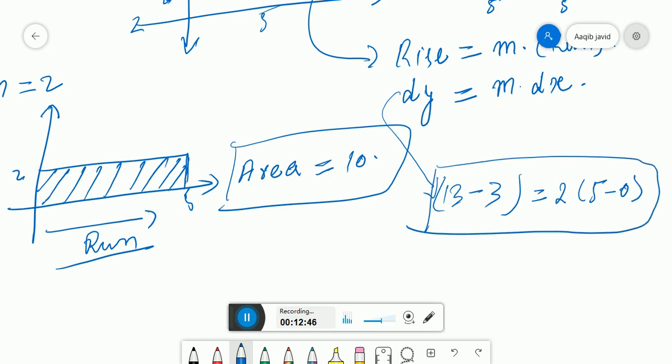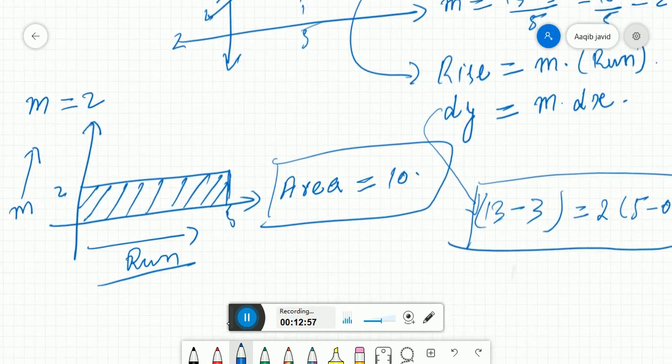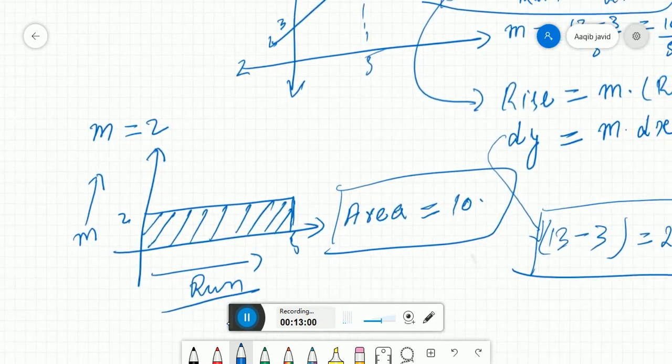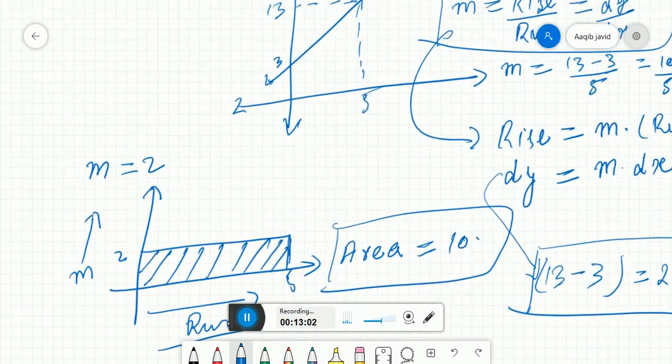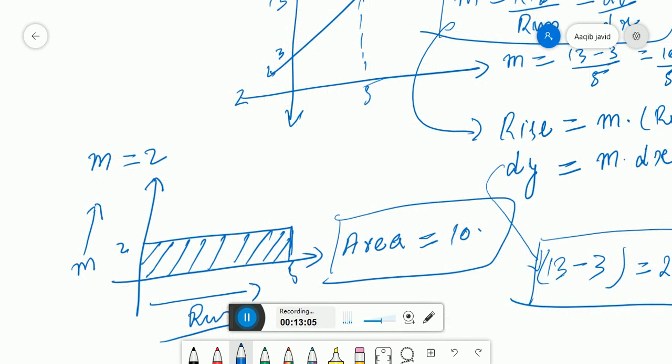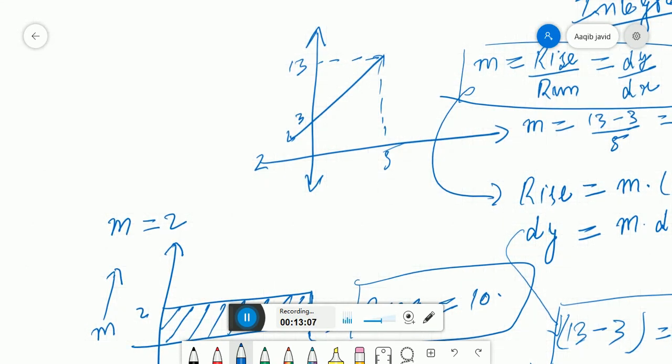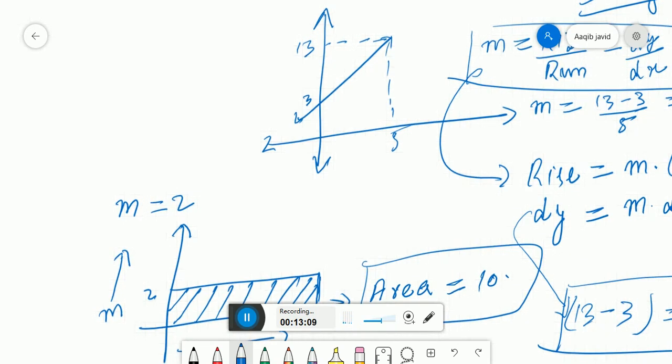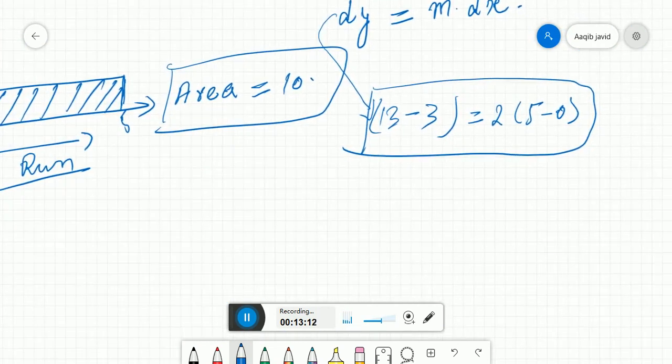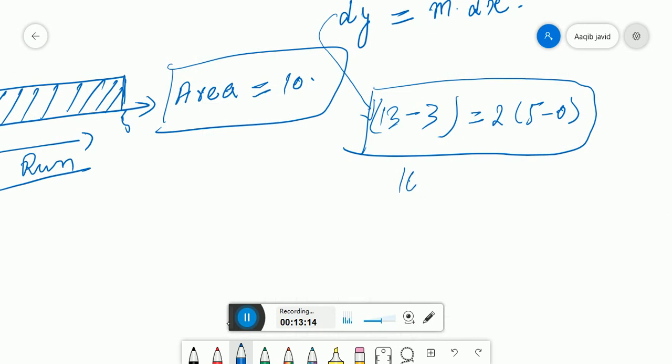Now we can develop a shortcut by Riemann's thinking, by what Riemann gave us. We can develop a shortcut by just calculating the primitive of an integral. That means if we want to calculate the area, we can just subtract this. If we subtract 13 minus 3, we would get 10, and this will also equal 10. This is a simple thing.